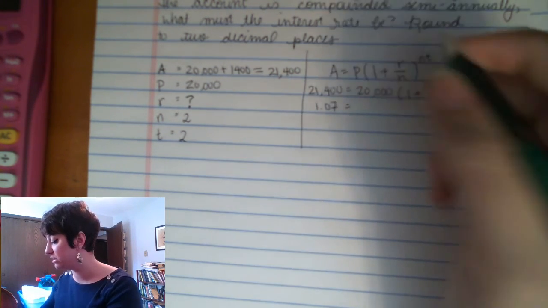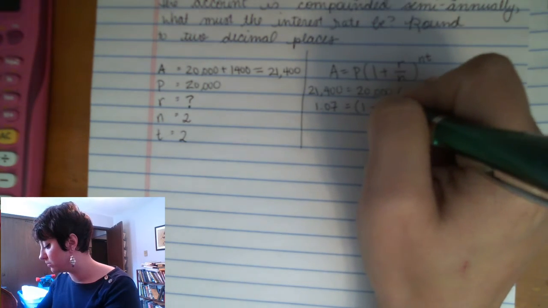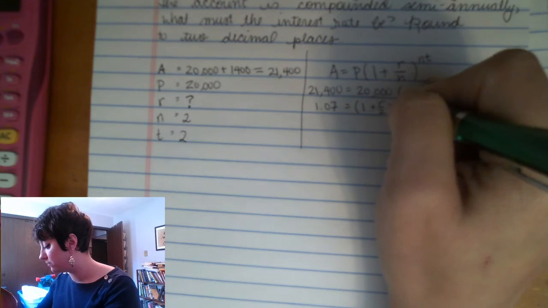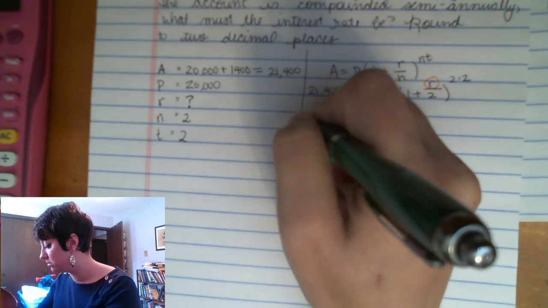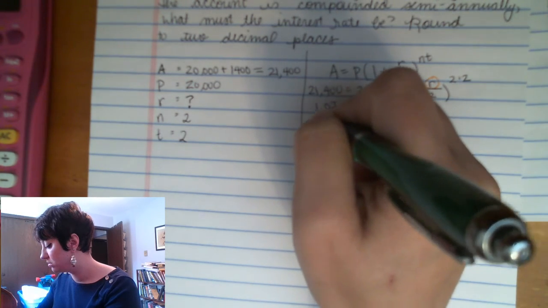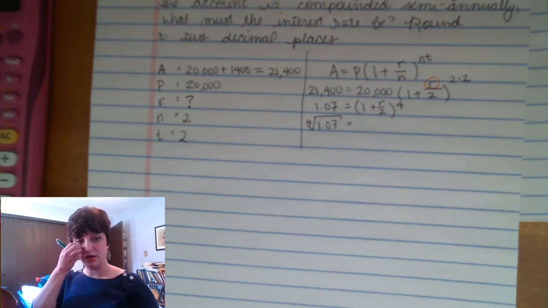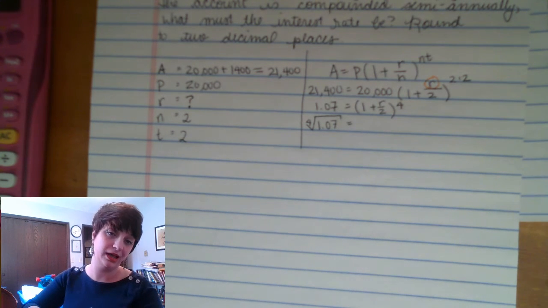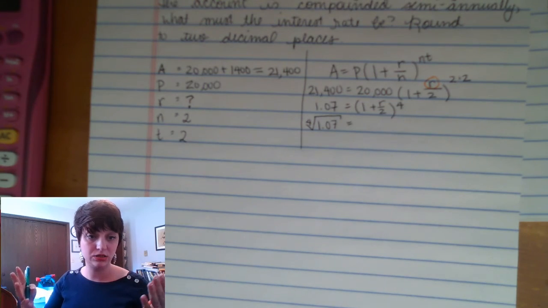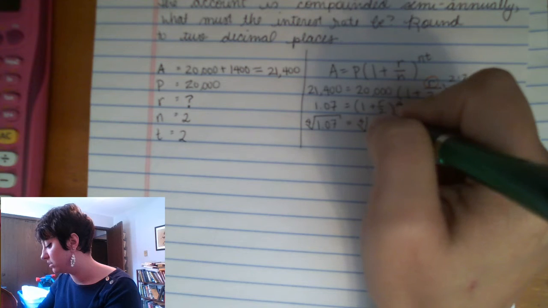All right, 1 plus R over 2 to the 4th. So now I'm going to take a 4th root of each side. And usually if I take an even root, I need to do plus or minus. I obviously don't want a negative rate, so I'm only going to need the positive. Take a 4th root of this.